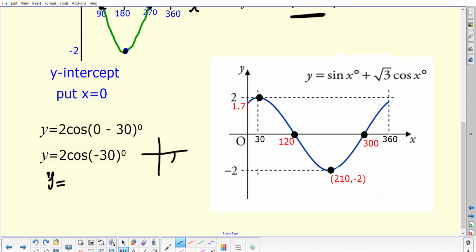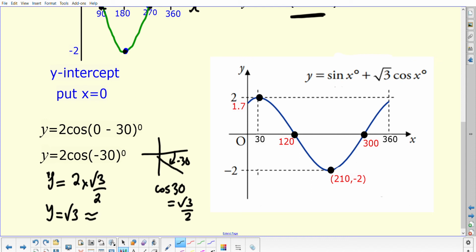Well, negative 30 means the angle's going that way, and in that quadrant, it's just the same thing as working out the cos of 30, because the cos is positive in there, and from your little triangle, the cos of 30 is root 3 over 2. So you're basically doing 2 times root 3 over 2, which would be root 3. You can get that from the calculator. It's approximately 1.732.